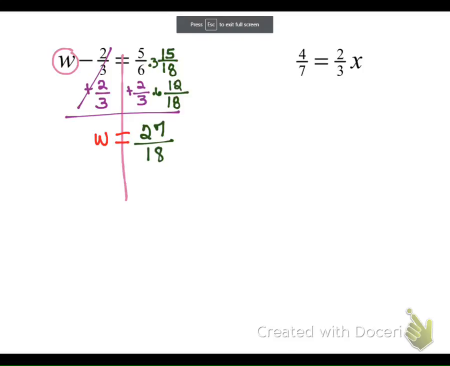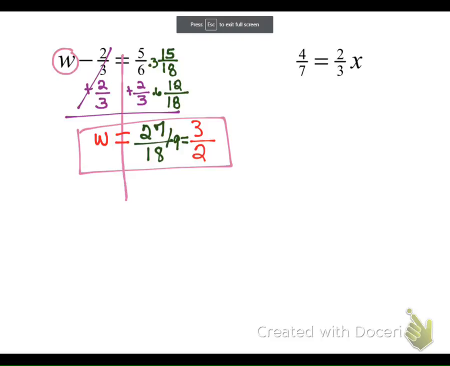Yes. What is it both divisible by? 3. Even 9. You can do by 3, but you're going to have to do it again by 3. So let's just do it by 9 right off the bat. What's 27 divided by 9? 3. 18 divided by 9? 2. So that's your final answer.